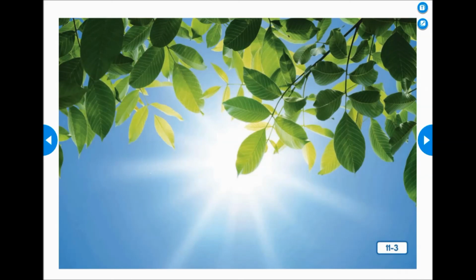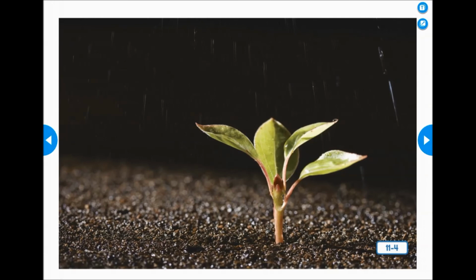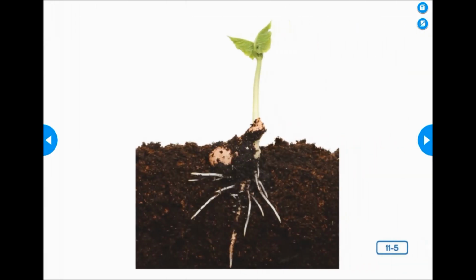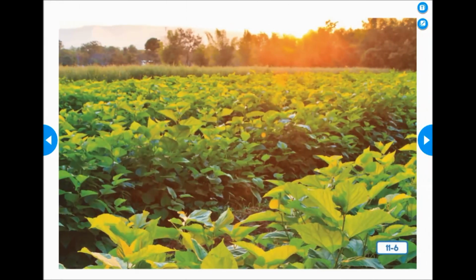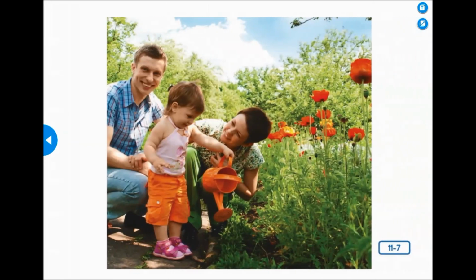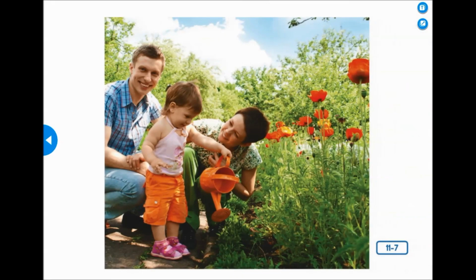Our plants need these things to grow: sunlight, water, nutrients, and air. And then we can grow beautiful plants in gardens when they get all the things they need.